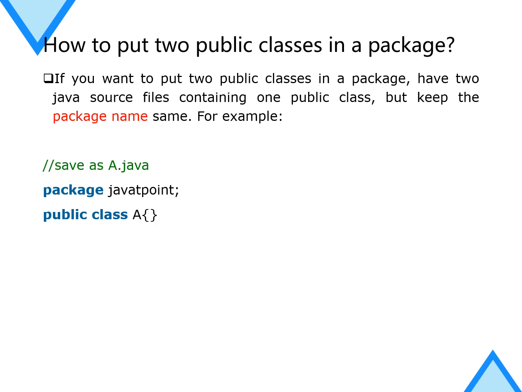For example, we have package javapoint with class A, and another file with class B, and the package name is still javapoint. So we must keep the package name the same across the classes.